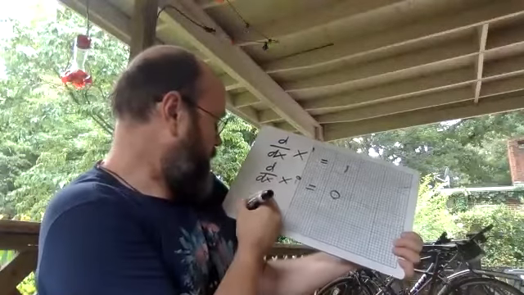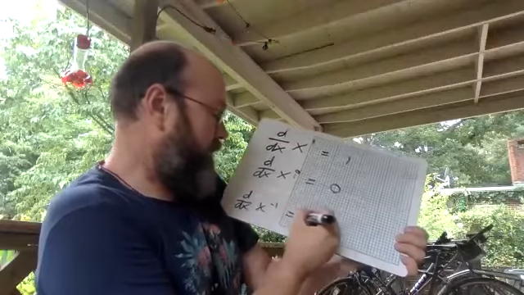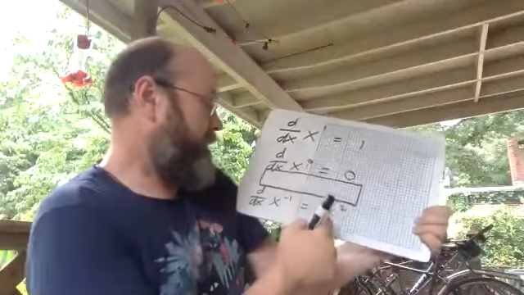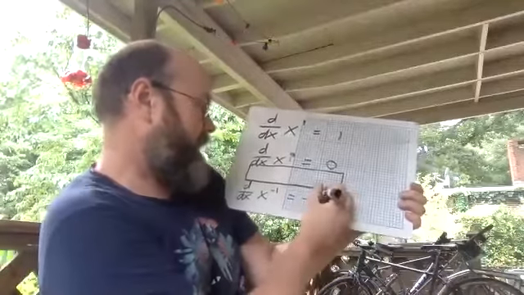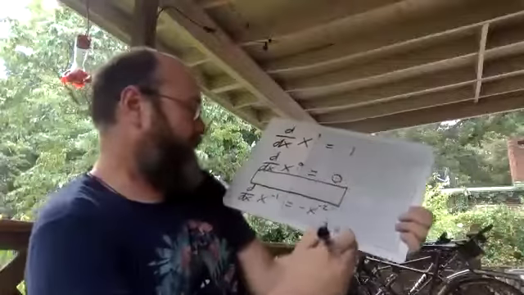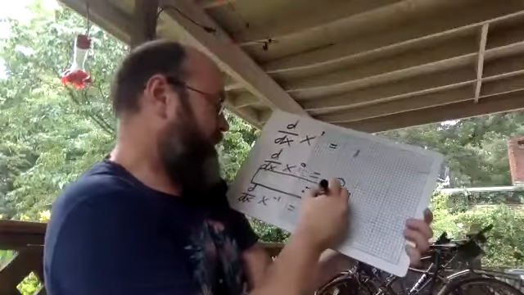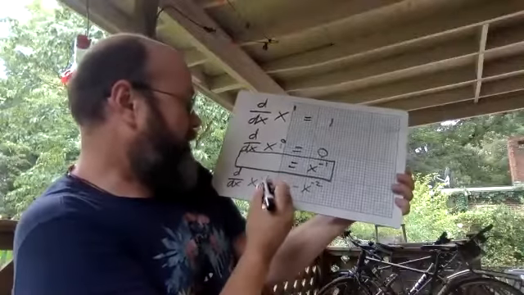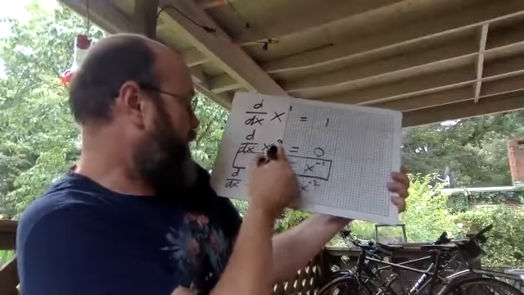And the rate of growth of x to the minus 1 power is minus x to the minus 2. The function that needs to fit right here to give us x to the minus 1 power has to be something that has a rate of growth in between these.